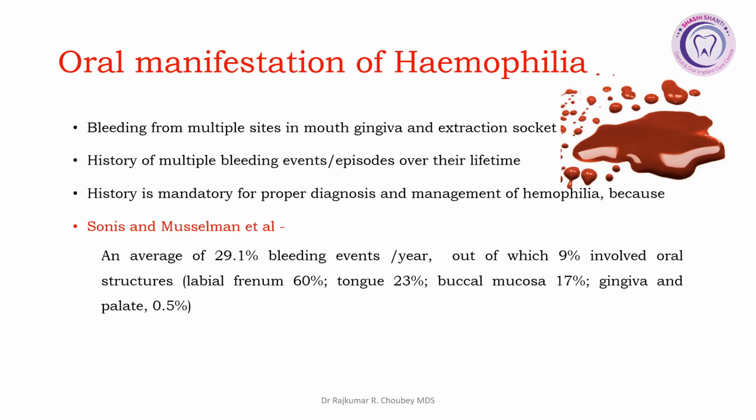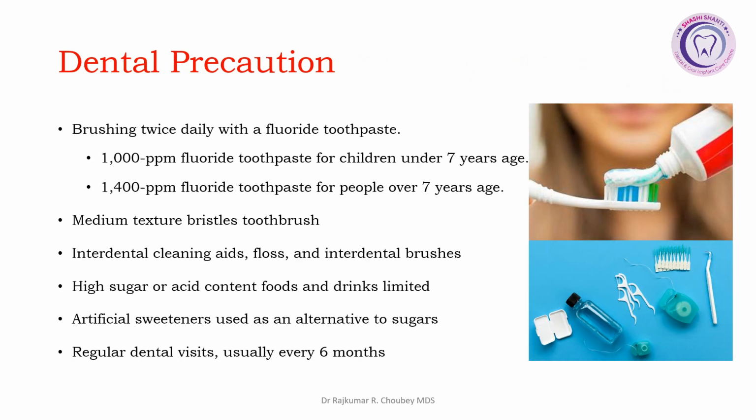History is mandatory to diagnose or manage the hemophilic patient because, according to Sonis and Musalman et al., 29.1% of bleeding events per year occur, out of which 9% involve the oral structures, that is labial frenum, tongue, buccal mucosa, followed by gingiva, and rarely the palate.